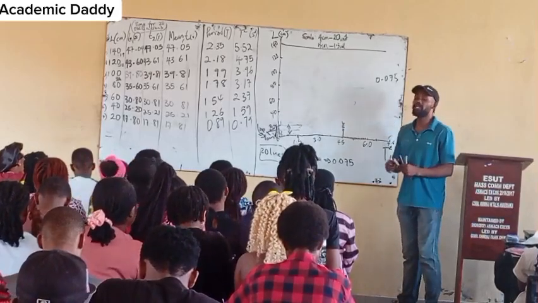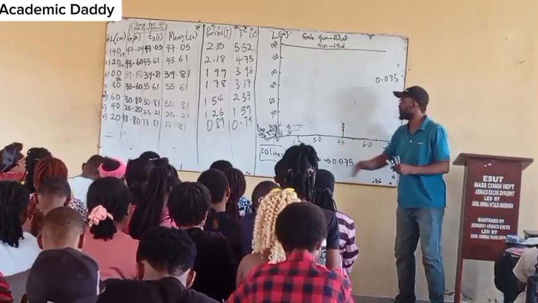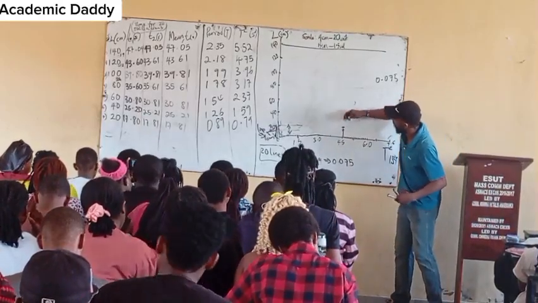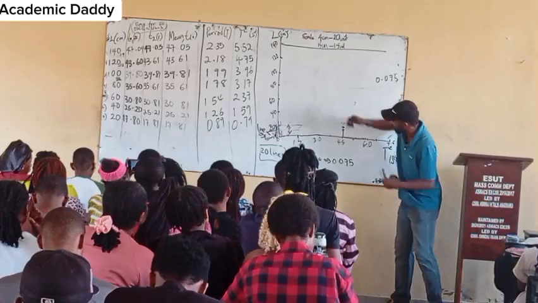Now what I want you to do for me is to say 4.5 plus 0.075. That is 4.575. So how do you do it?